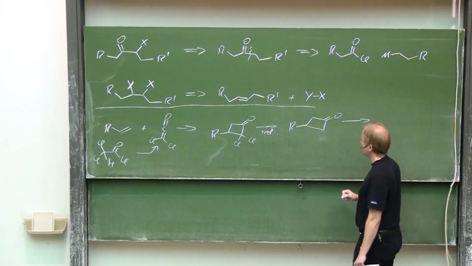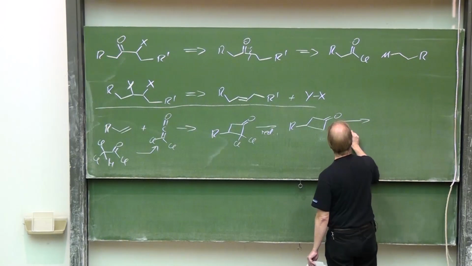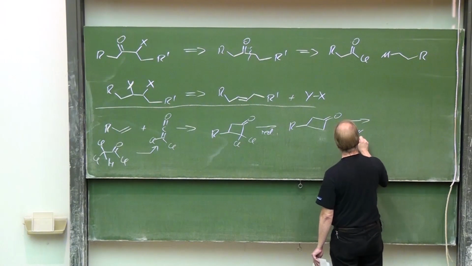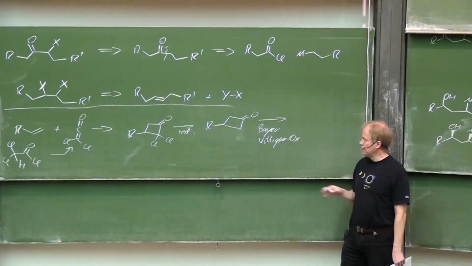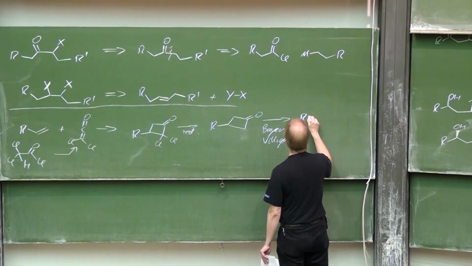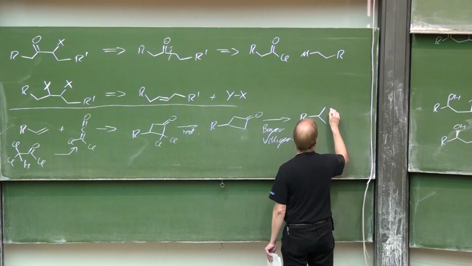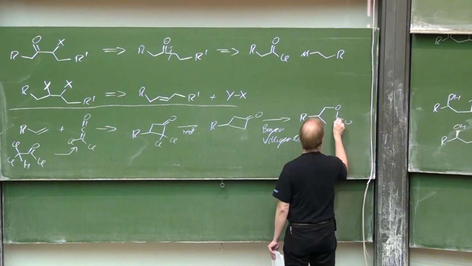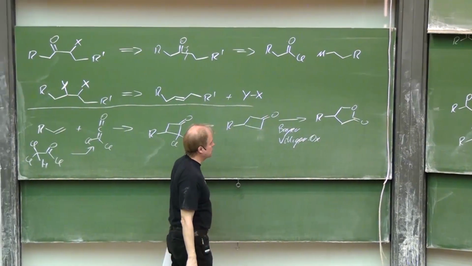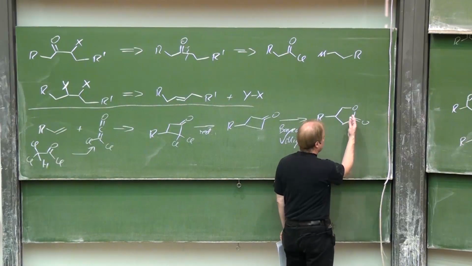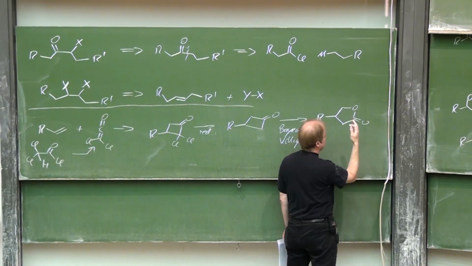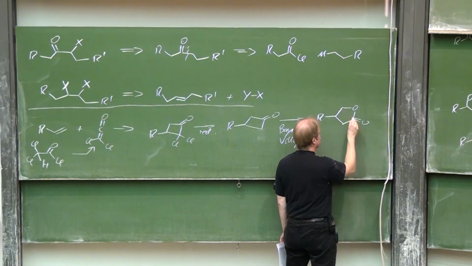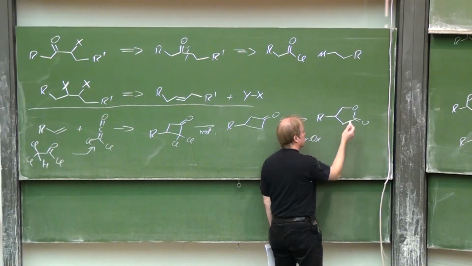And now, with the Baeyer-Villiger oxidation, treating it with a peracid, you will get to the lactone, and also a lactone like that has a 1,4 relationship between functional groups, this position and that position. 1, 2, 3, 4, of course.